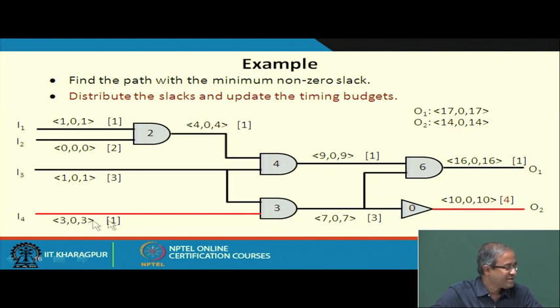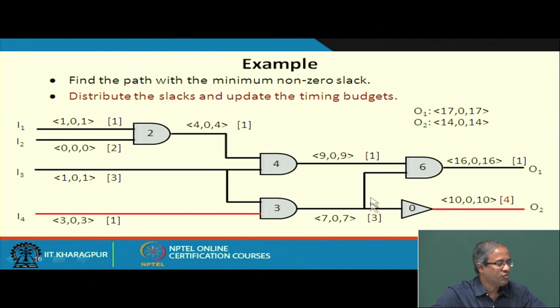So, to make this 0, you have to increase the budget here. To make this 0, you have to increase the budget here, because it was 10 4 14. To make it 0, to make this TB as 4. So, at the end you see you have obtained time budget values that will indicate what will be the delay of these different wires, so that 0 slack can be achieved in all lines.